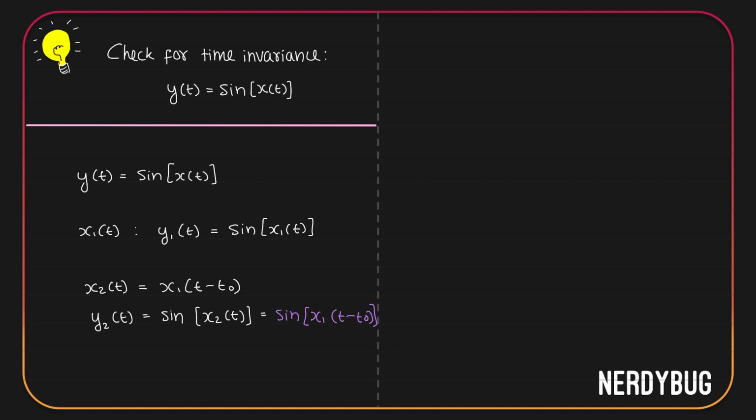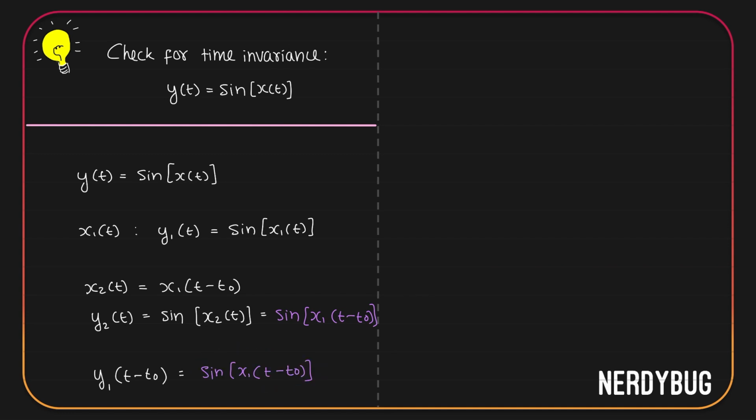Our condition for a time invariant system was that for a particular time shift in the input, we should get the same time shift in the output. So let us see what would happen if we gave the same time shift in the output. If we took y1 of t minus t naught, since y1 of t is sine of x1 of t, t will become t minus t naught and we'll get sine of x1 of t minus t naught.